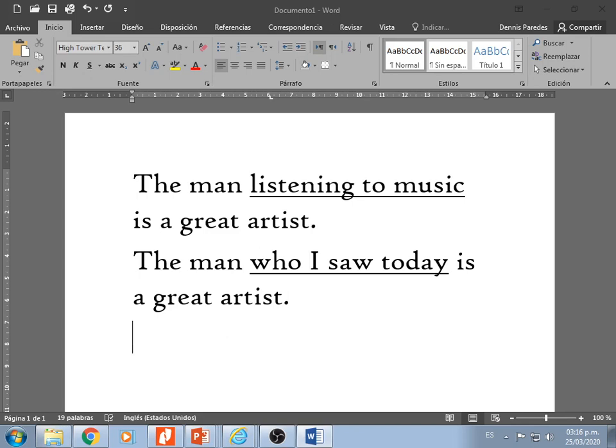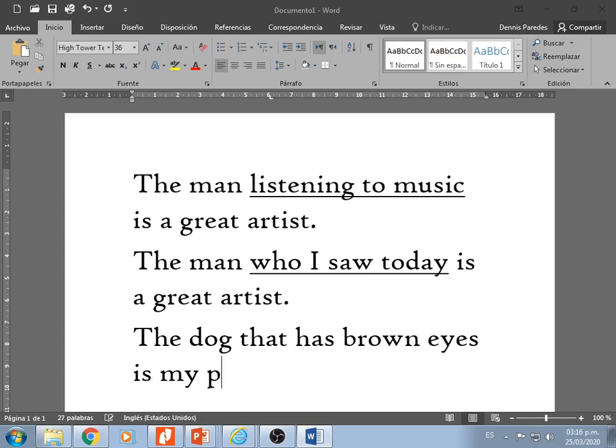And maybe the last one. The dog that has brown eyes is my pet.